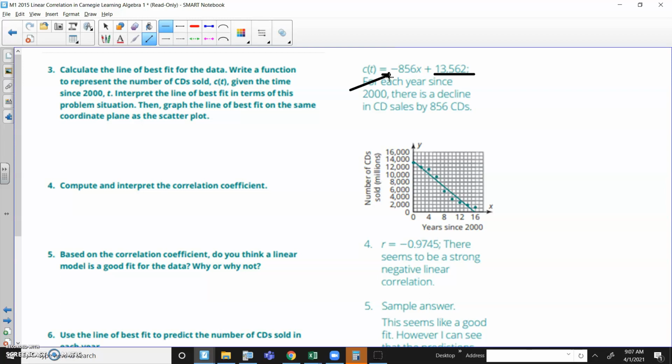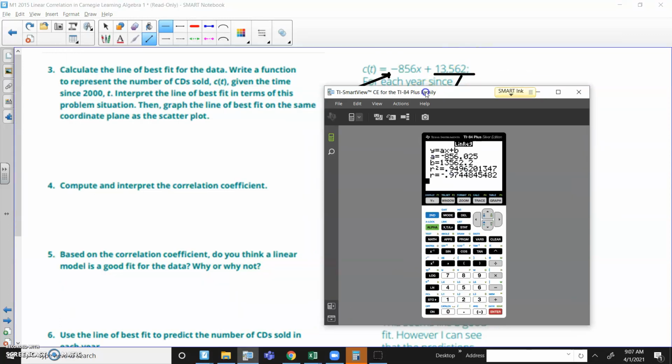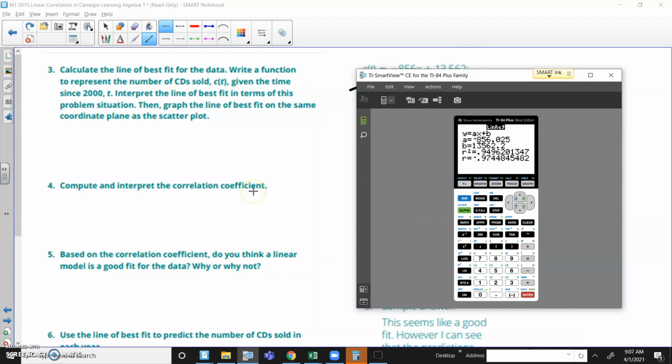So to graph it, we've got our points that I had on the other page, and then you've got that line of best fit, starting at 13,000 as your y-intercept, and then going down 856 and over 1. So bringing back the calculator, you want to have some way to calculate what's called the correlation coefficient.